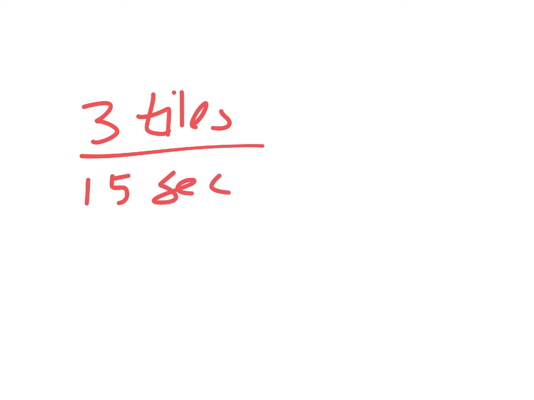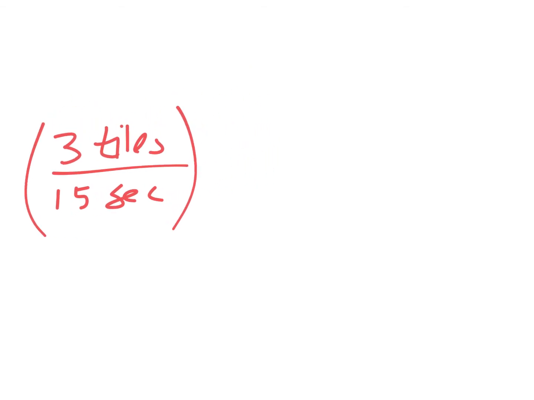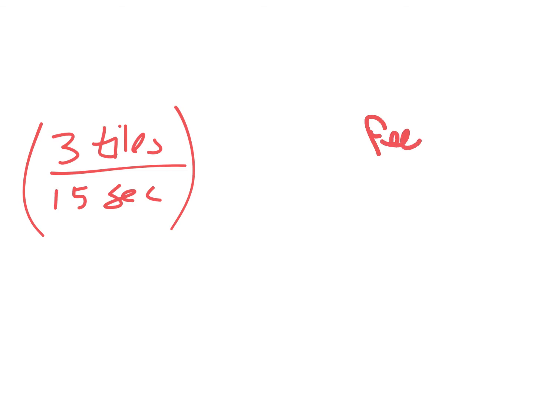That's not what I'm asking. I want to know how fast that is in feet per minute. If you're doing 3 tiles per 15 seconds, then how much is that in feet per minute?